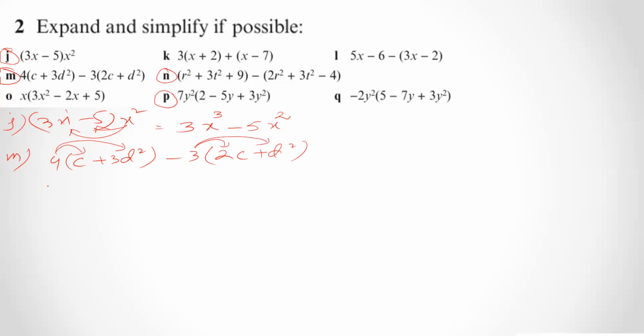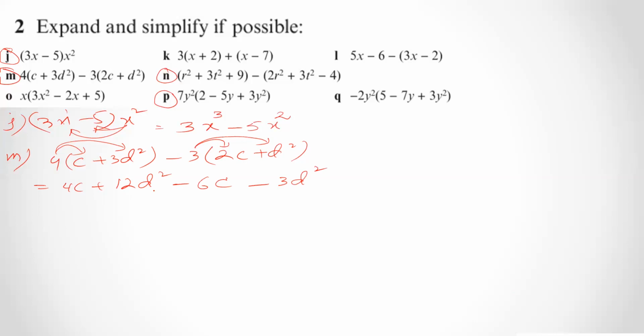So it will become 4C plus 4 times 3 is 12D square. Since outside is negative, inside signs will be changed. So minus 3 times 2 is 6C minus 3D square.